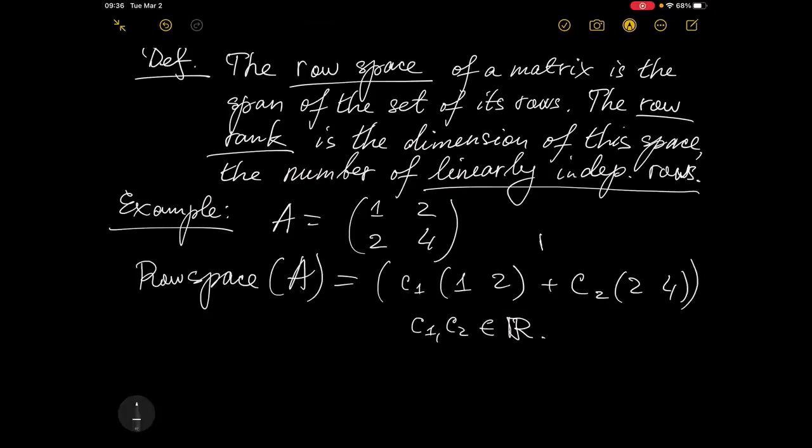Exactly, 1, because row 2 is 2 multiplied by row 1, right? So the second row is definitely linearly dependent on the first row. So I can throw away any of them. For example, let me throw away the second row, right? And I will not decrease the span as a result. Do you agree or not?